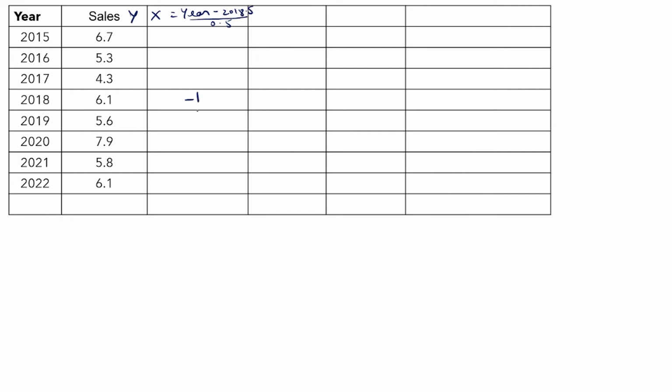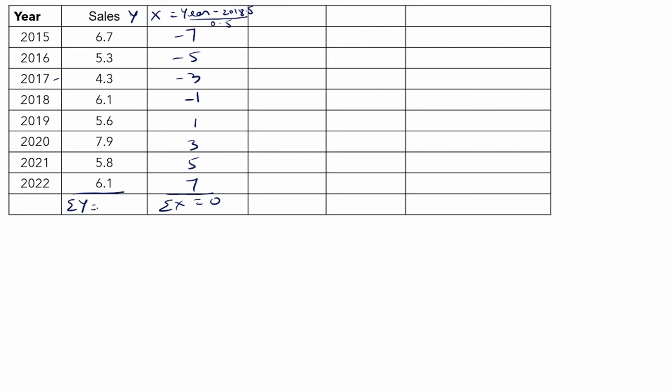This is minus 1. For 2019, it will be 1. Then for 2017, x value will be minus 3. For 2020, it will be plus 3. 2016 minus 5. 2021 plus 5. 2015 minus 7. 2022 plus 7. So that we get summation x as 0.